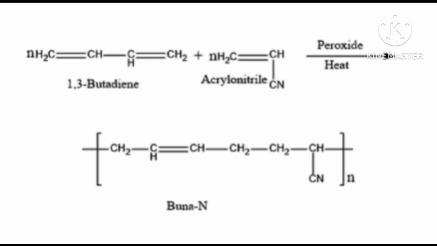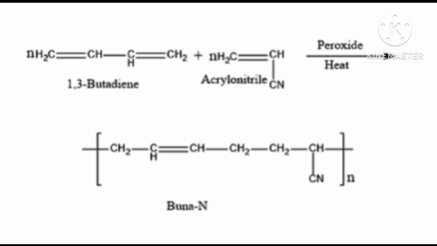Chloroprene means 2-chloro-1,3-butadiene. Suppose n number of chloroprene units are there. The double bonds will become single bonds, and where a single bond was there, it will become a double bond. Carbon 2 and 3 will have a double bond.